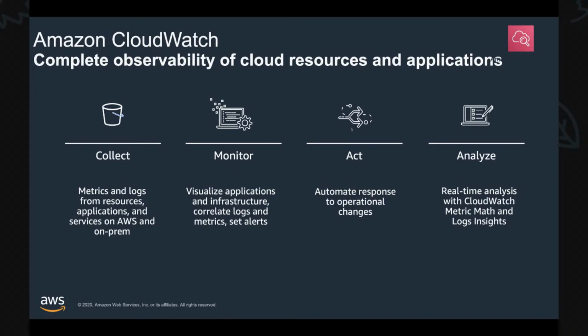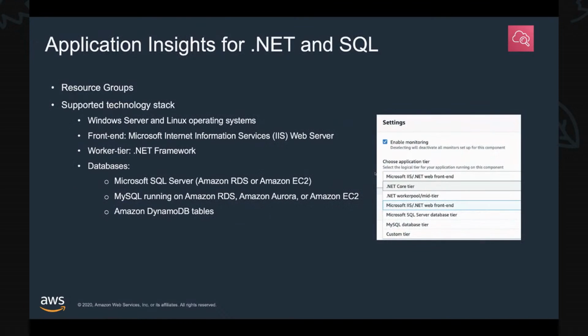Maybe auto-scaling, maybe repairing some resources to reduce the mean time to resolution. And finally, you can also dive deep and analyze your metrics, logs, and traces to better understand how to improve your application performance.